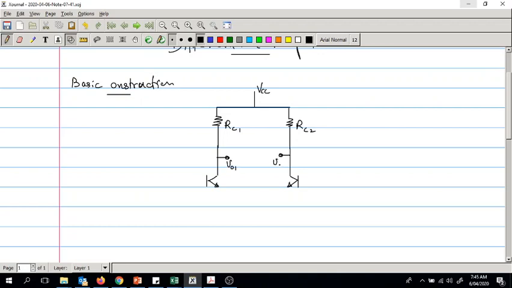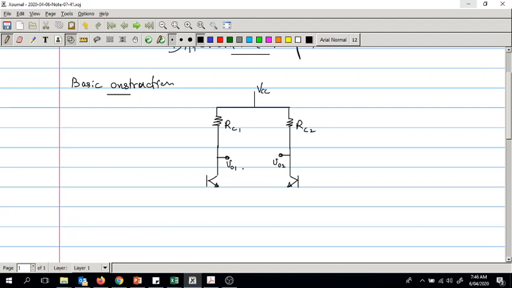So we have two outputs in here, although in the previous cases, simple single ended amplifiers, we had only one output. Now we are taking the output across the two collectors. Earlier it was just the collector, right? Now the inputs would be the two bases.